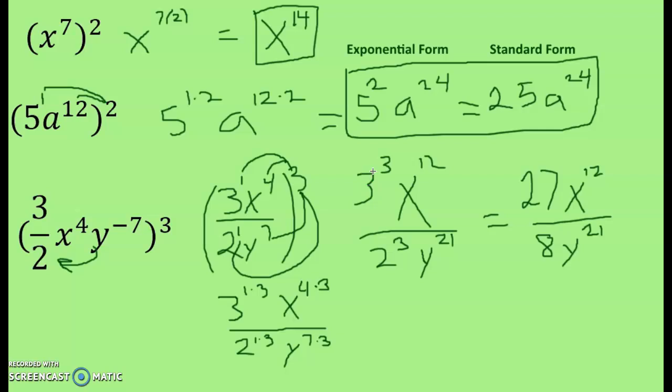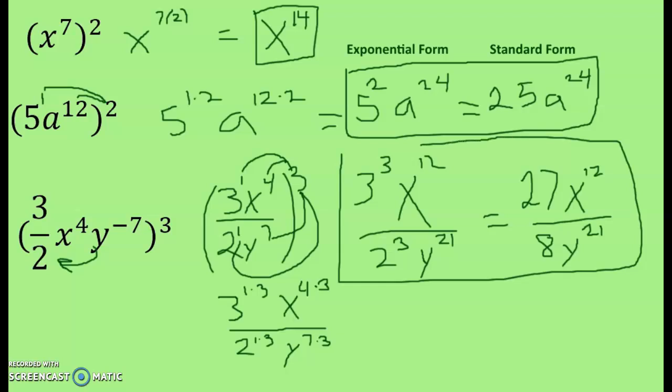Because 3 times 3 times 3 is 27, and 2 times 2 times 2 is 8. So either of these expression forms are acceptable to be the simplified version. This is the exponential form. This is the standard form. I would not change it to standard form if it's any more than like 500.